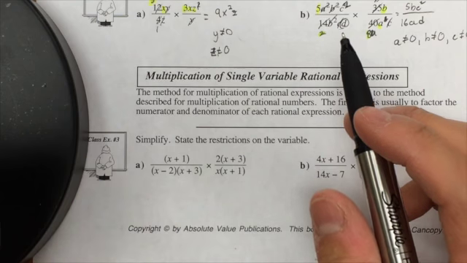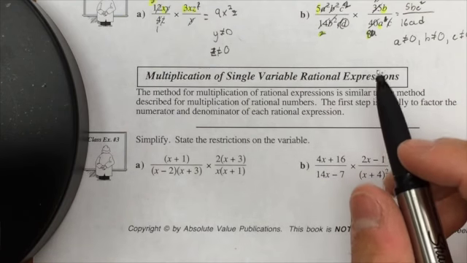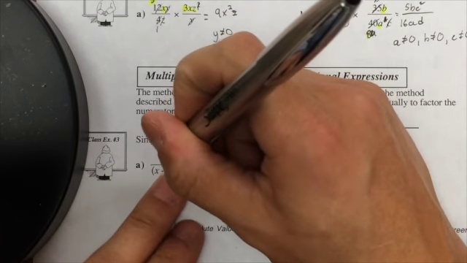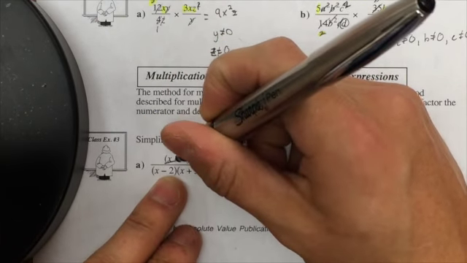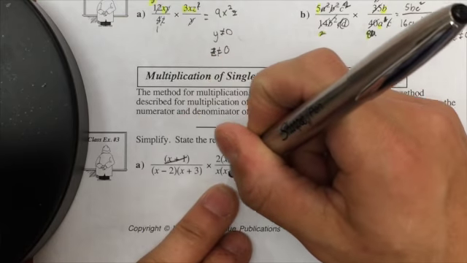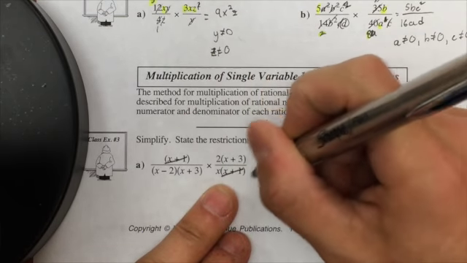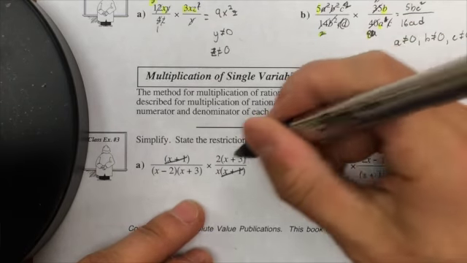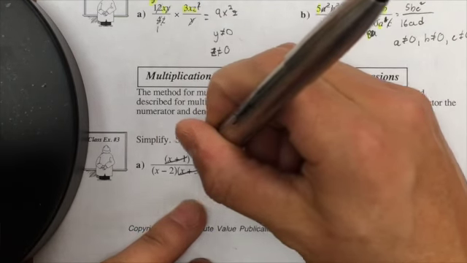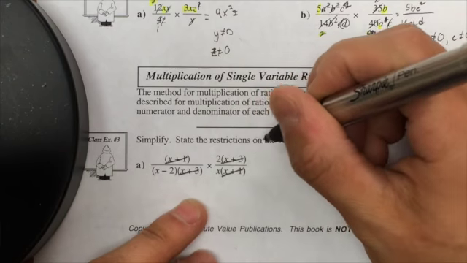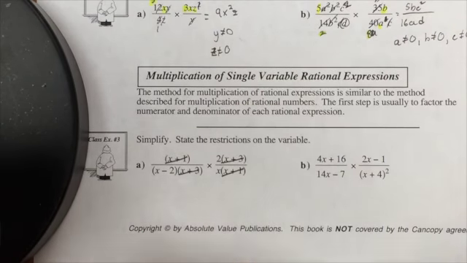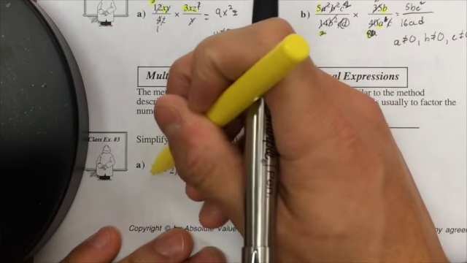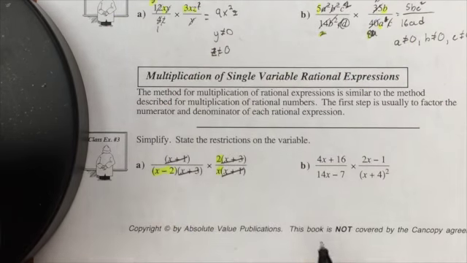Remember, if there are common factors, reduce by dividing out the common factors. So let's divide out the x plus 1. That's a common factor here and down here, so we can divide that out and just say that it's left with 1. We can do the same thing with the x plus 3's, divide them out, and then we're just left with these parts of our expression, 2 over x and x minus 2.